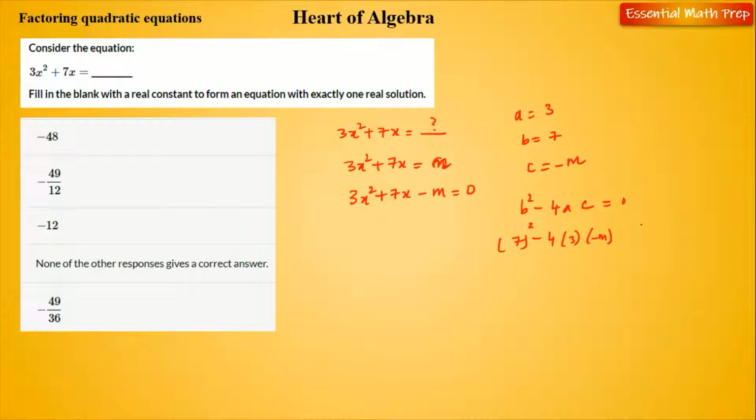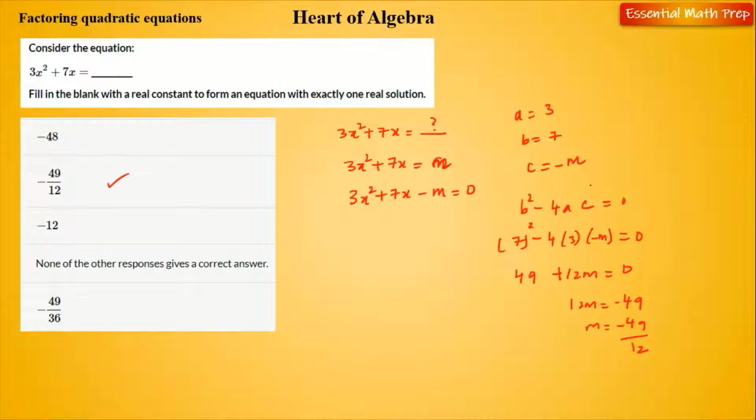Let's say this is equal to 0, okay? That means 49 minus of minus, which would be plus 12m equals 0. 12m equals negative 49. So m is negative 49 over 12.